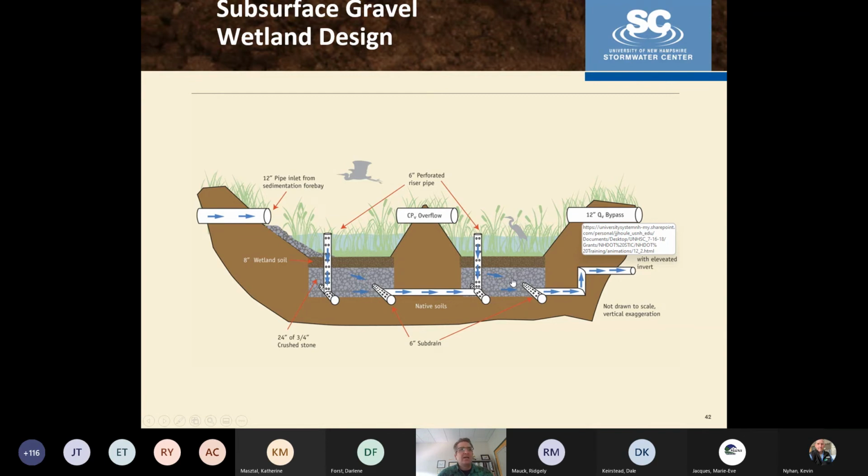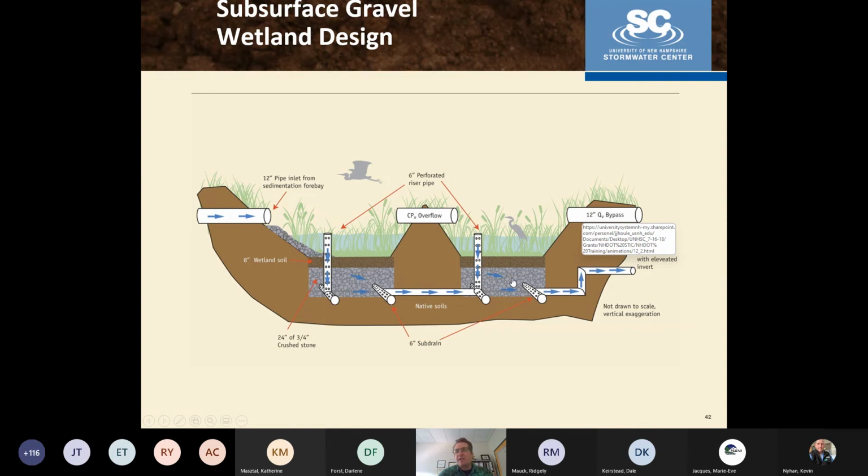Over the years, this has certainly been one of the largest topics of discussion with the AOT program, because they reference subsurface gravel wetlands as specified by the UNH Stormwater Center, and our specification calls for 2 bays. My opinion is that I would rather see a single bay subsurface gravel wetland than, say, a retention pond.